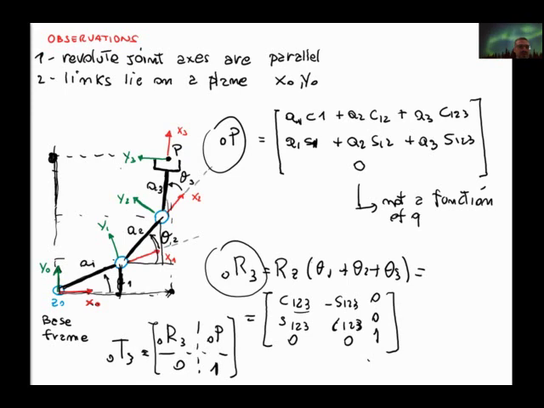This P is P 0,3. We should call it the vector between the origin of the base frame 0 up to the origin of the frame 3.